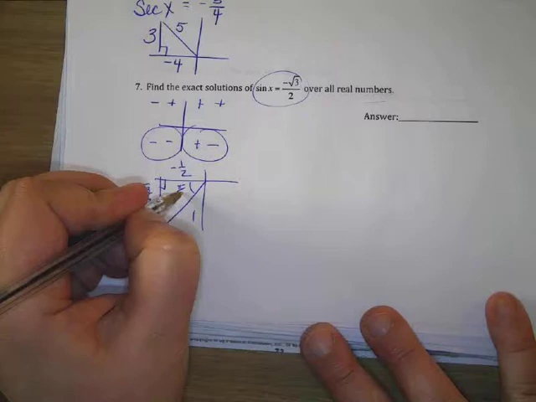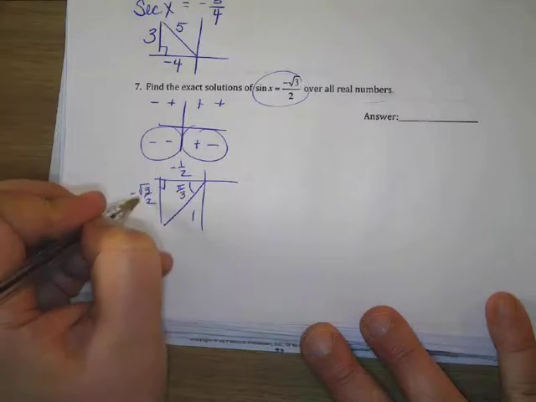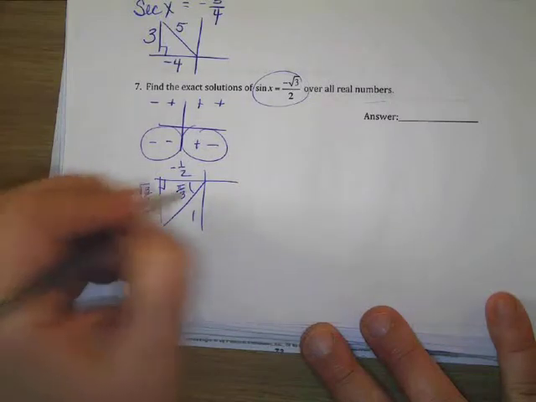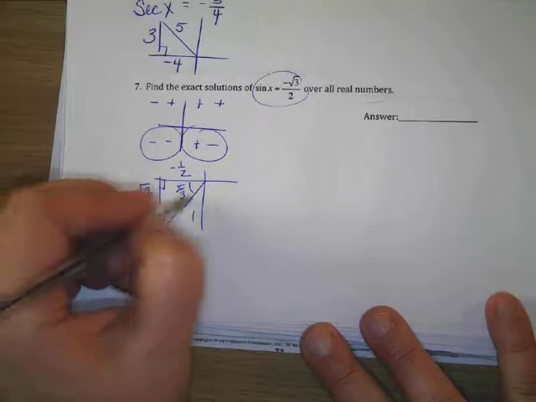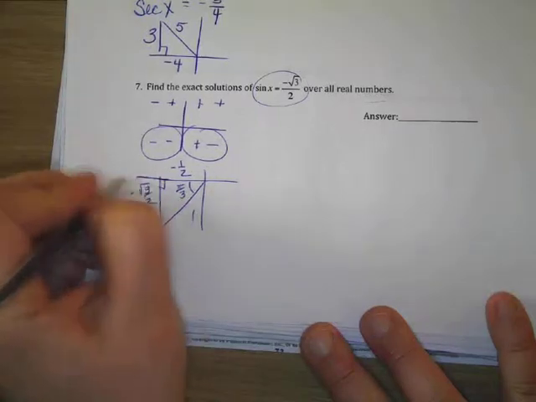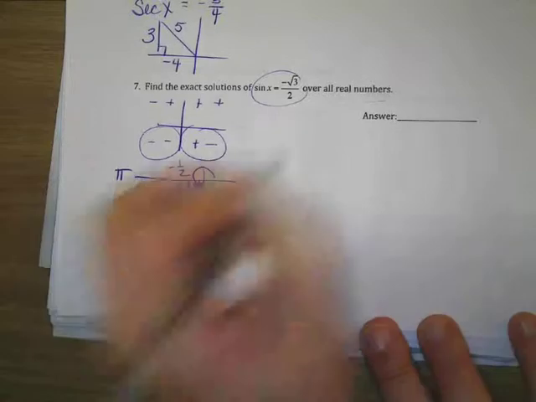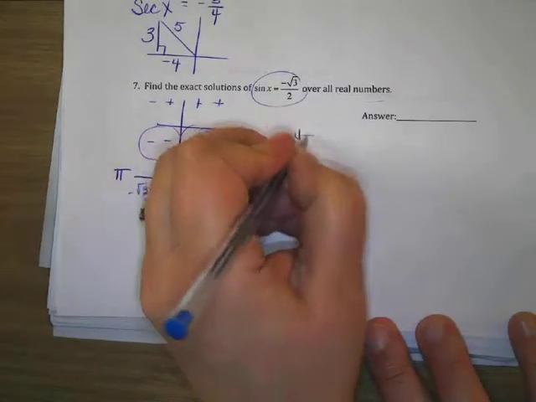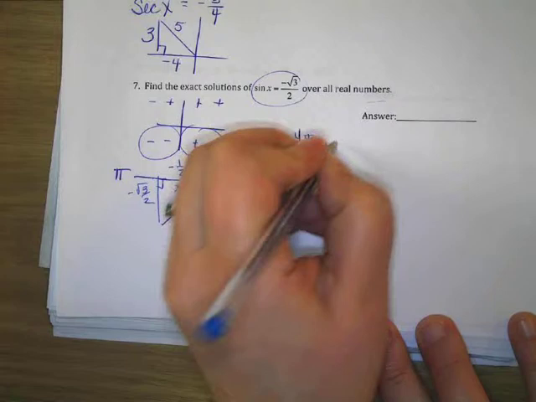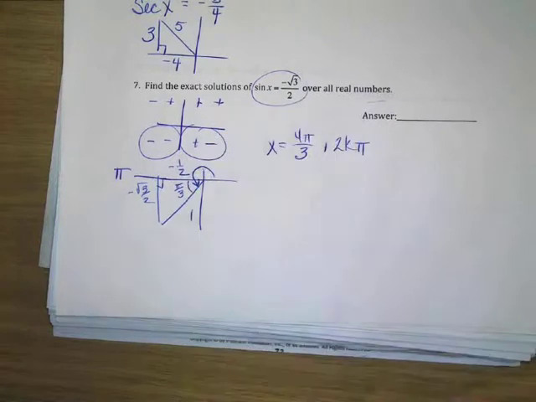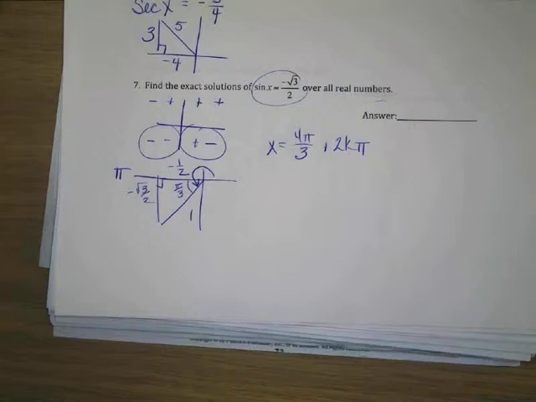Not pi over 6? Pi over 3. The root 3 and the pi over 3, they go right across from each other. So we're 1/3 more than pi. So what's the full angle? 4/3 pi. So that's the first one. Is that okay?